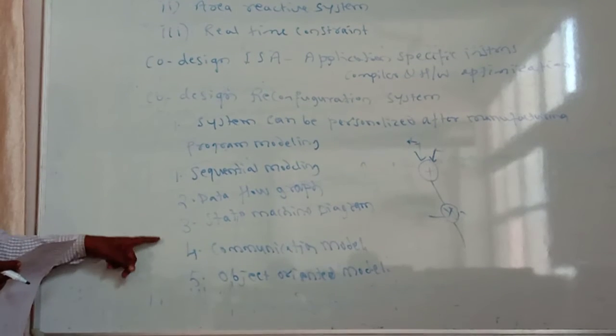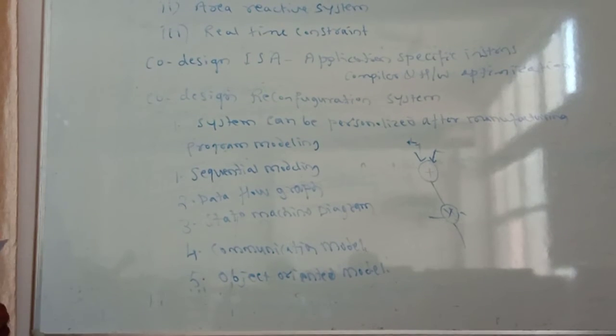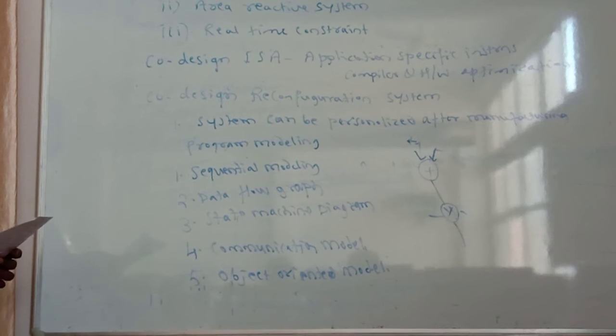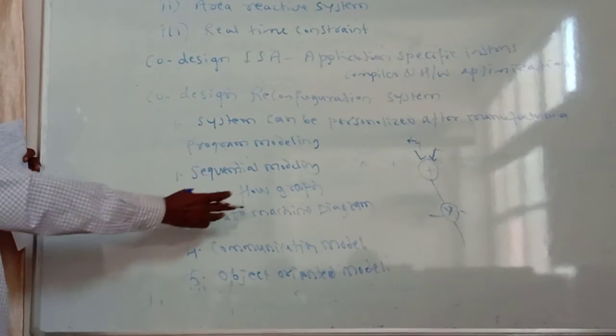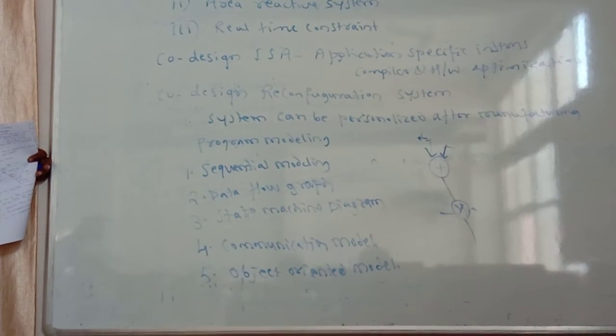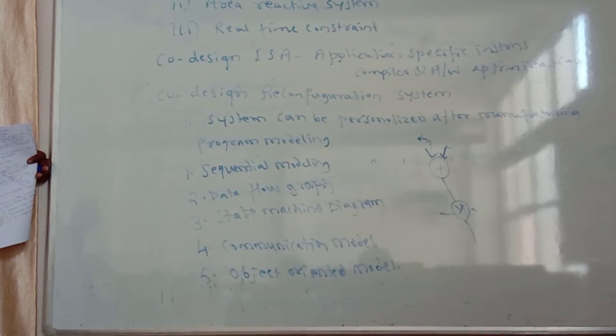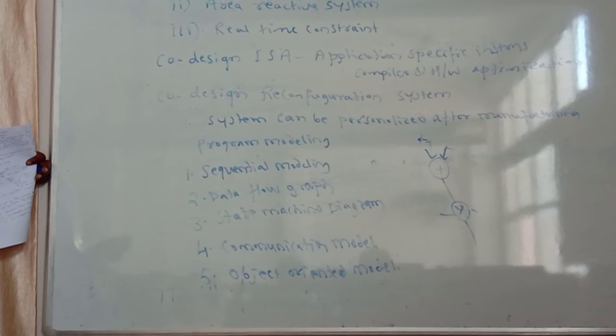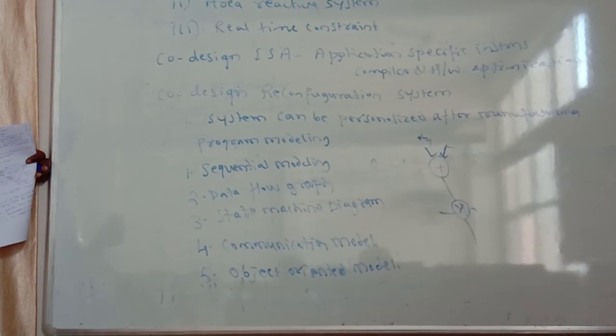Then another important point is communication model. Communication model is one of the most important factors, whether it is intercommunication between different devices. It may be synchronous communication or asynchronous communication. You can create both transmitter as well as receiving models. Communication is most important from one point to another point, input as well as output, and interfacing with several different elements.